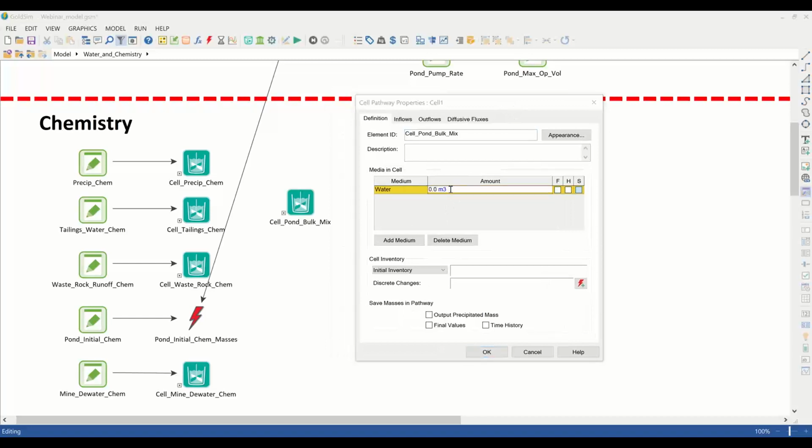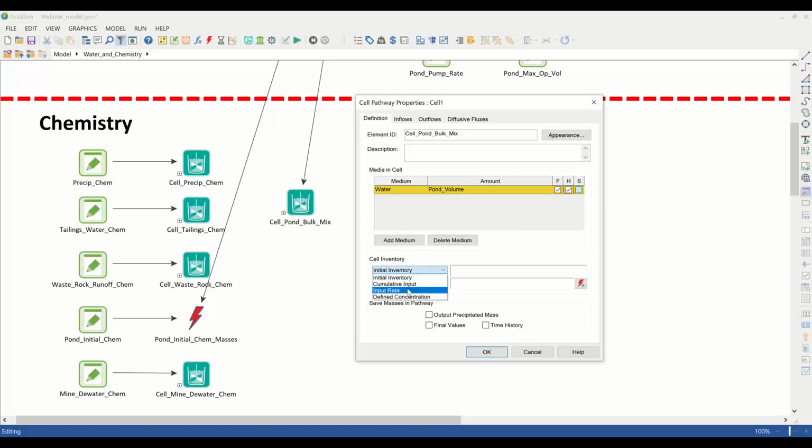In this particular case, we want the volume in the pond to be referring back to our pool element, which is named pond volume. See if I can find that here. I'm going to check these two boxes here because I want to save the final concentrations, and also I want to see the concentration histories for the pond.